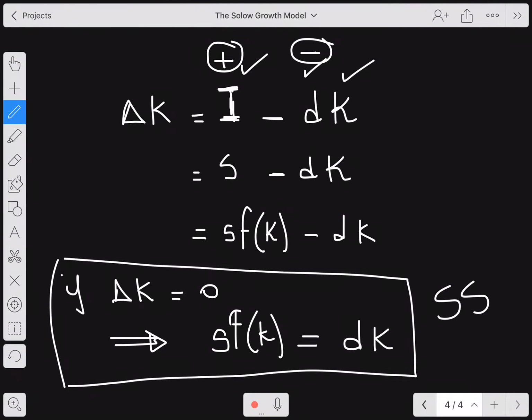In order to reach this steady state, you can compute it mathematically, find the equilibrium point between these two, and say, okay, this is my steady state level of output, as I'm going to show in the example. Or you can do it graphically, as an intersection between this function and this function.